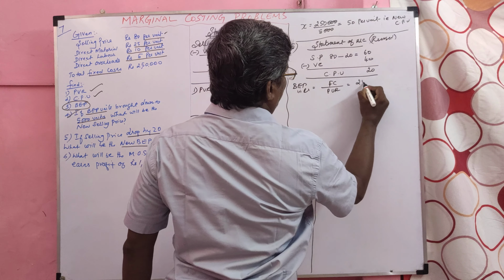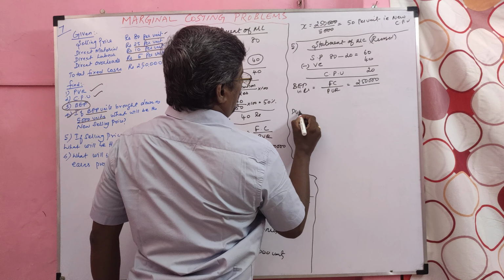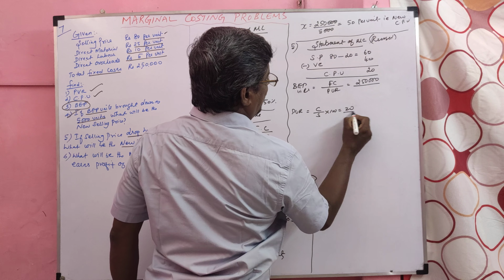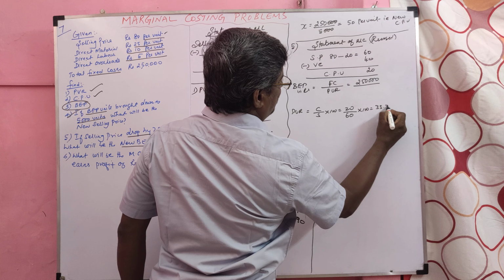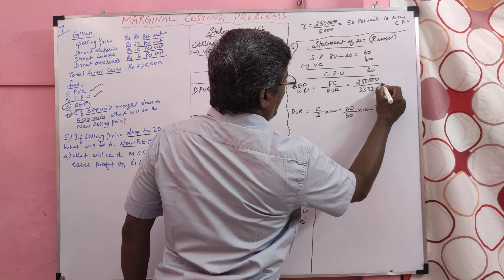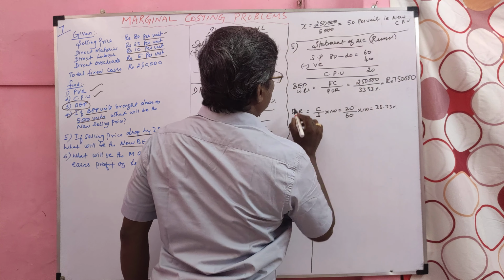FC we know 2,50,000. For that we have to find PVR. PVR formula: contribution divided by sales into 100. Contribution 20, sales 60 into 100 equal to 33.33%. So it should be divided by 33. Our answer is 7,50,000. This is BEP in rupees.